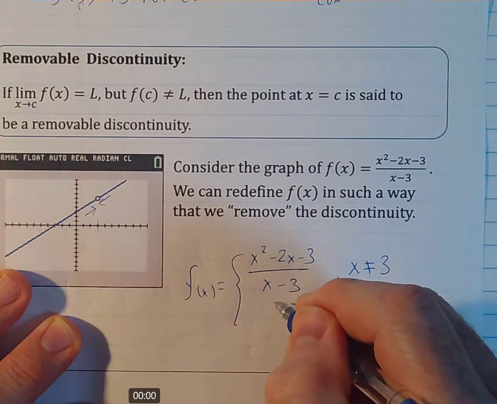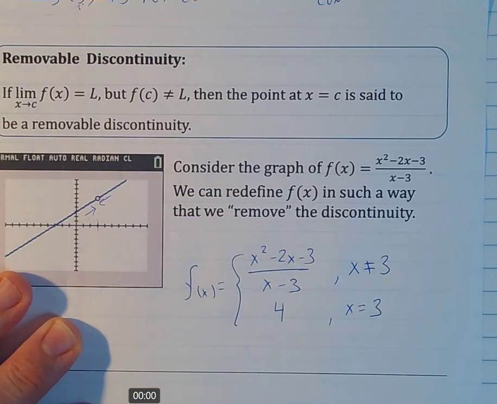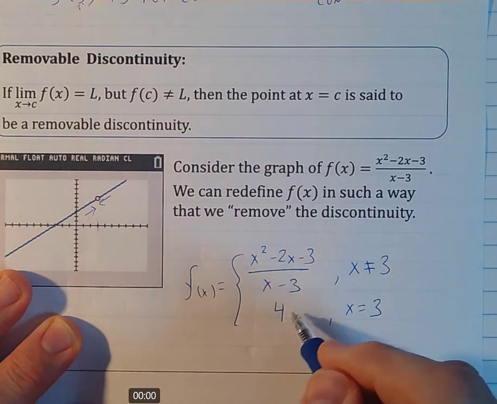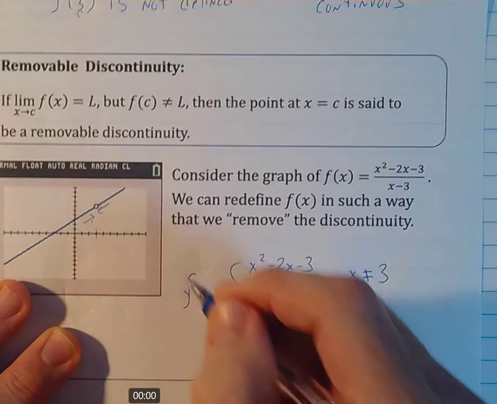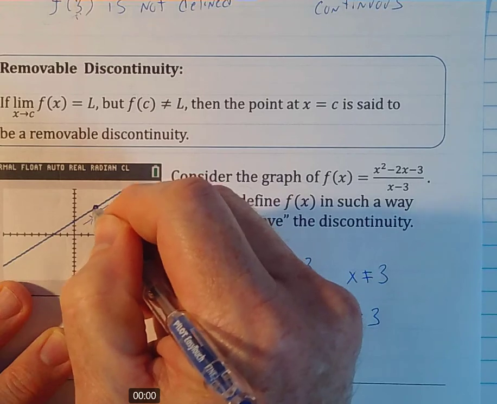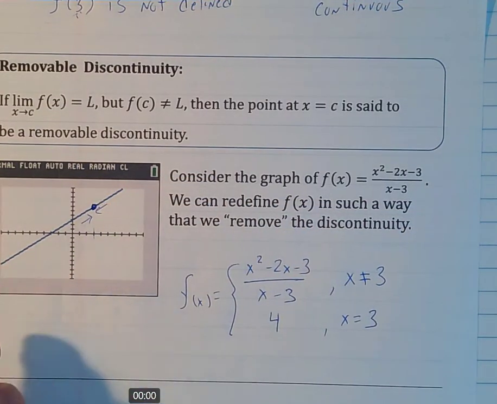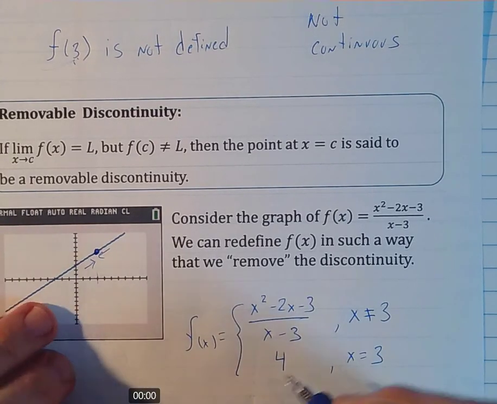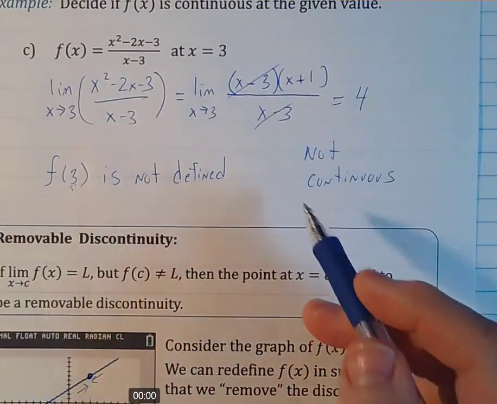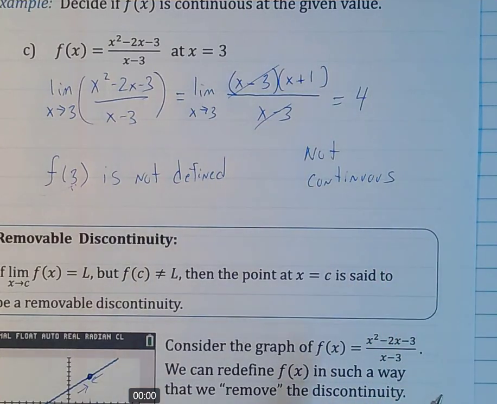Okay, that would be 4. So if x equals 3, I'm going to let f of x equal 4. Essentially what I'm doing in that case is I'm just going over here and sort of filling in that little dot right there. I'm removing that discontinuity. And remember where the 4 came from is because that was what the limit was right up here.